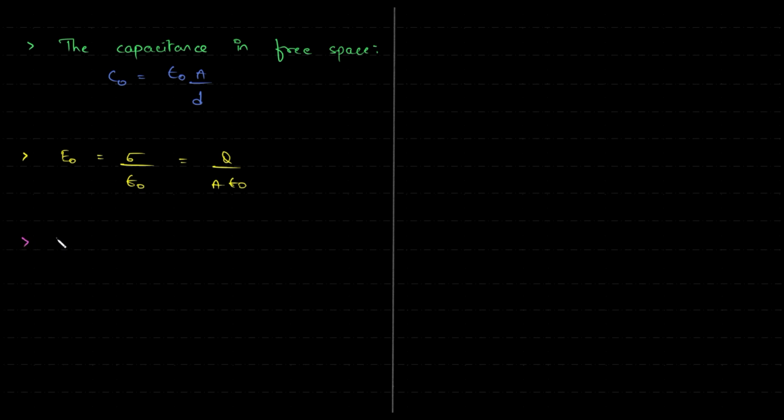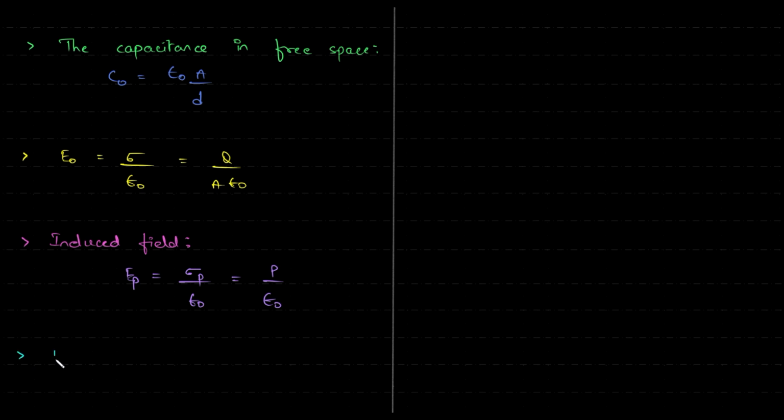Now, the induced field, that's your E P or E induced. Let's write E P only. The charge density on the dielectric divided by epsilon naught, that is P by epsilon naught, right? Polarization and stuff.